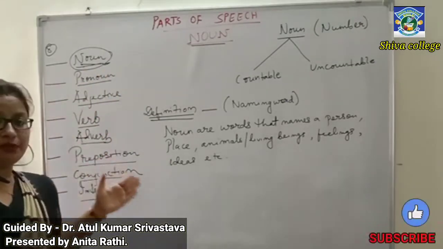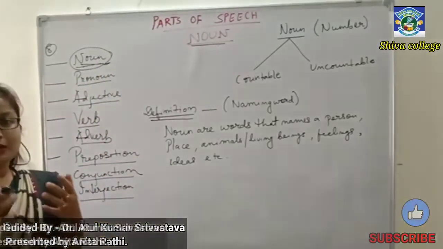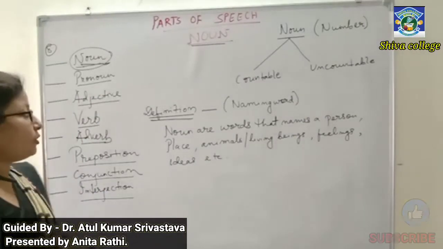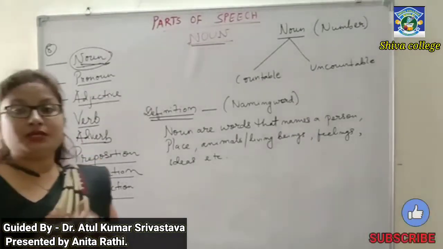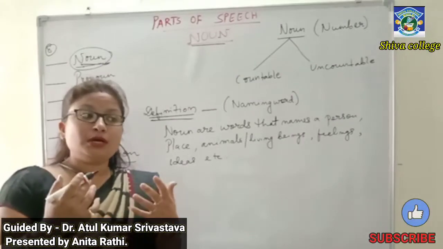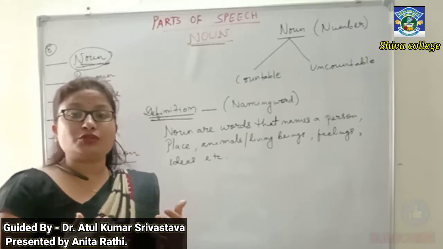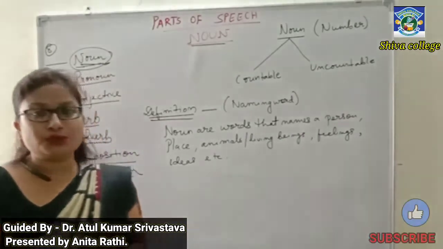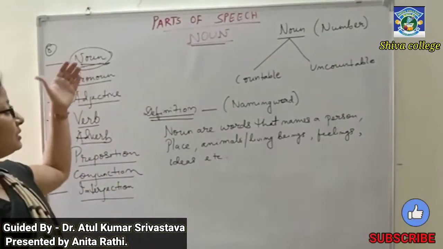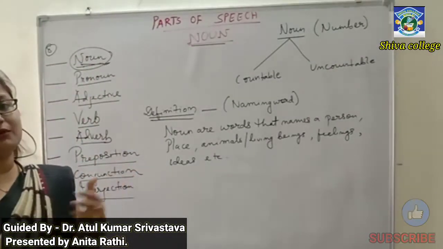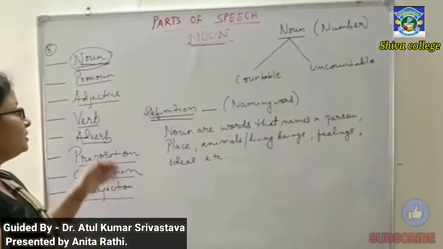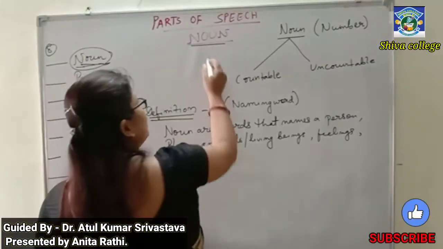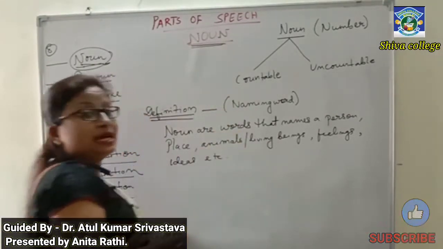Without these parts of speech, we will not be able to frame an English sentence, or in general use, we will not be able to speak our language or communicate without the use of grammar. So these parts of speech play a vital role in English grammar. The first topic we are going to deal with is noun.